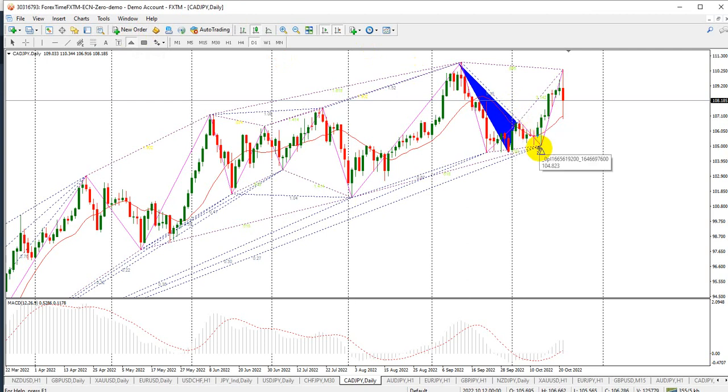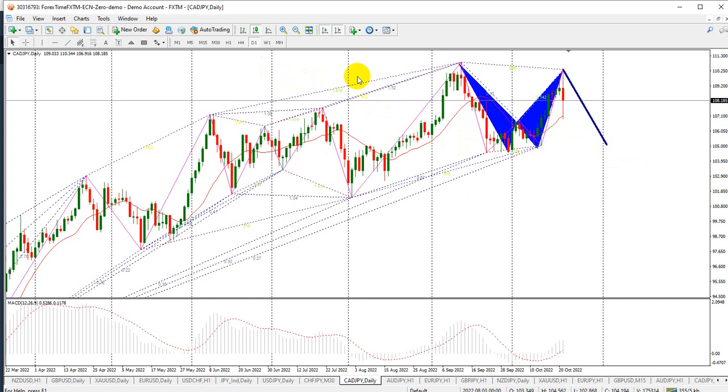XABC pattern, just check very well. You see that it's always working. So CAD JPY actually works very well. So we should still expect more down. When the market opens, we'll look for an opportunity to sell CAD JPY. So we should be expecting additional down movement on the CAD for CAD JPY.